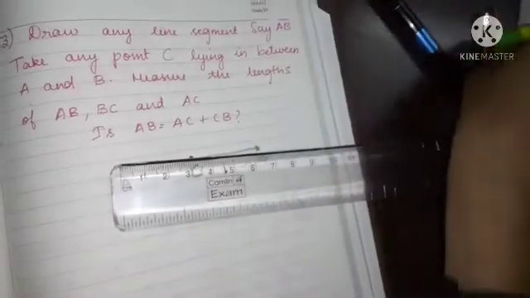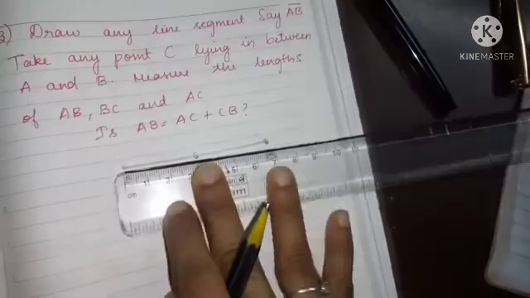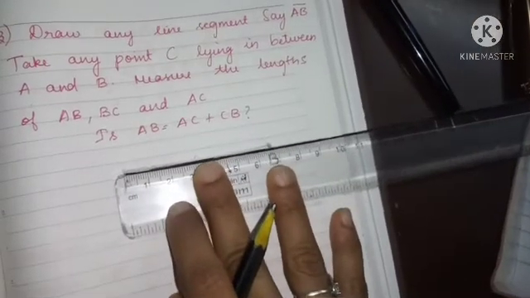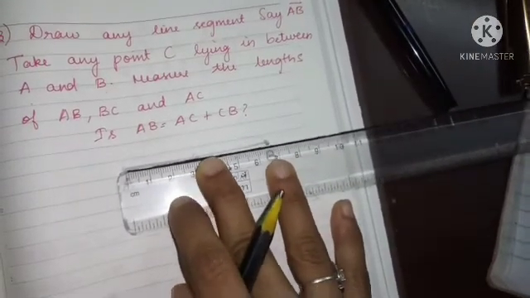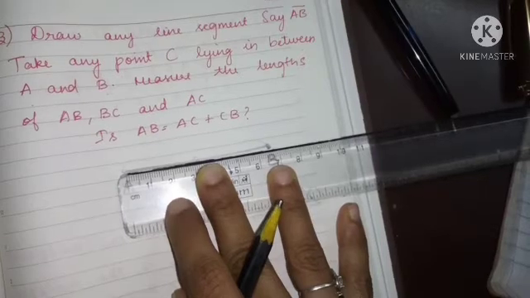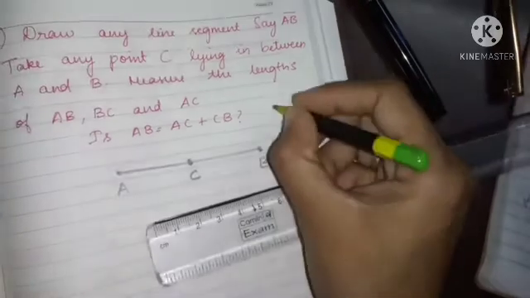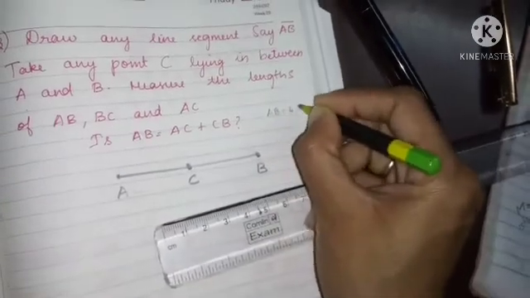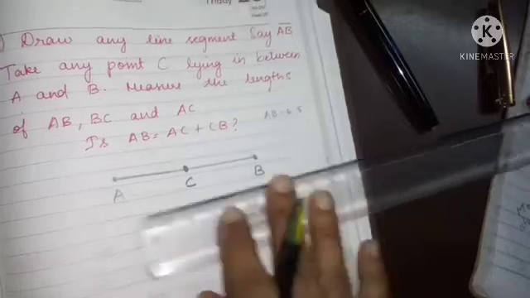Obviously it will be. See, I have taken a long scale, children. I am just taking it approximately. What is the measurement? I am taking it as 6.5. AB length is 6.5; note it down here. Full length from this to this is 6.5.